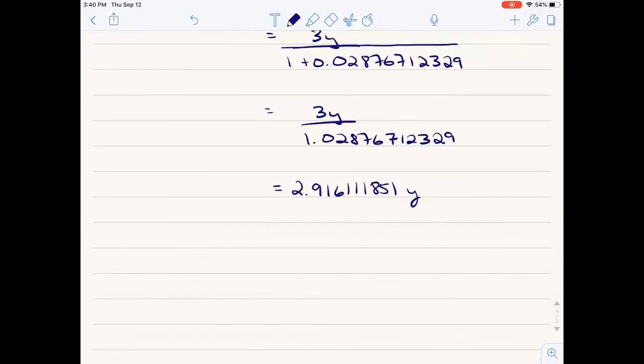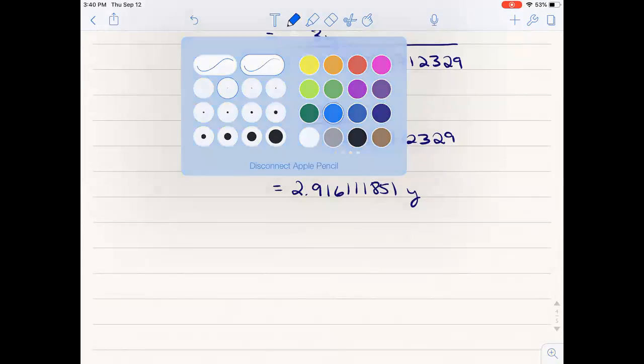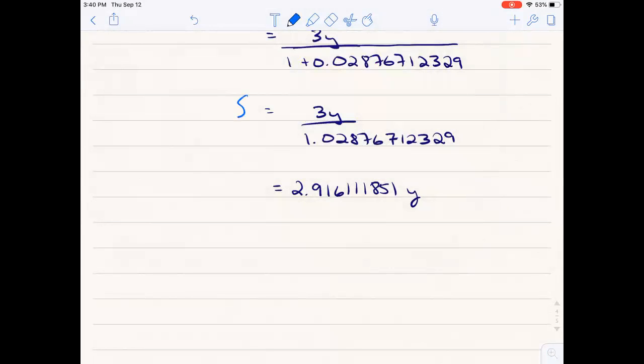Because what I'm doing here, to get from here to here, is 3 over 1.028 times, I'm separating them and saying times y on the side.